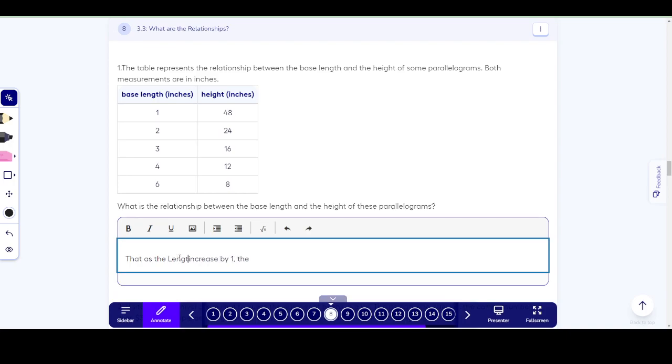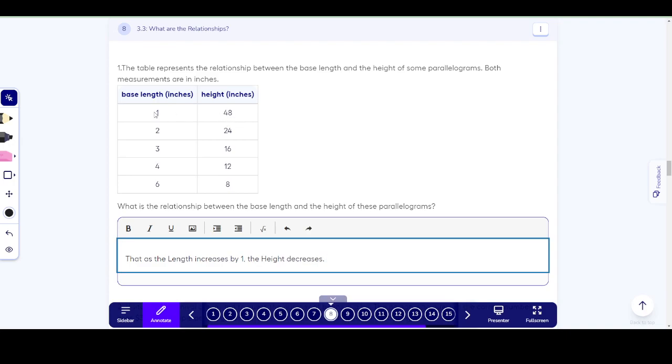Length increases by 1, the height decreases. Well, we know it's not a steady amount, so it's not adding or subtracting. It's probably multiplying or dividing. We just did the multiplication, doesn't work. But how about if we divide?